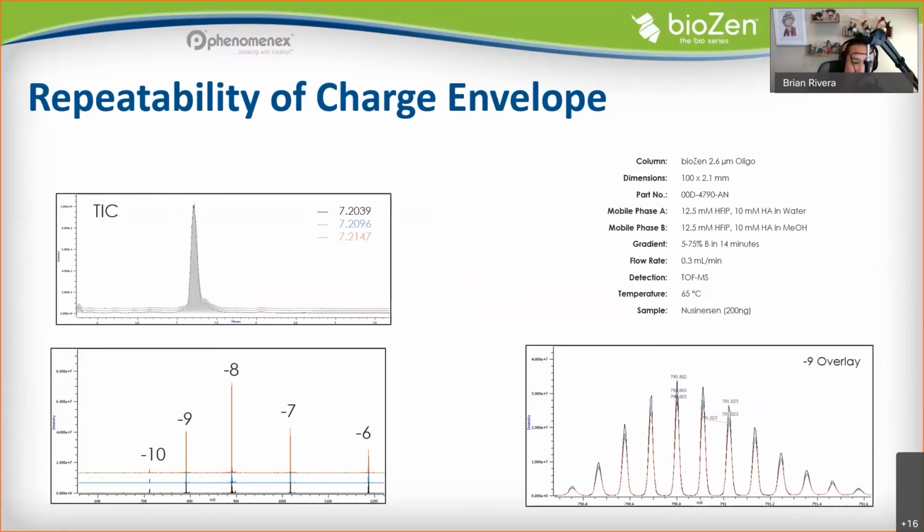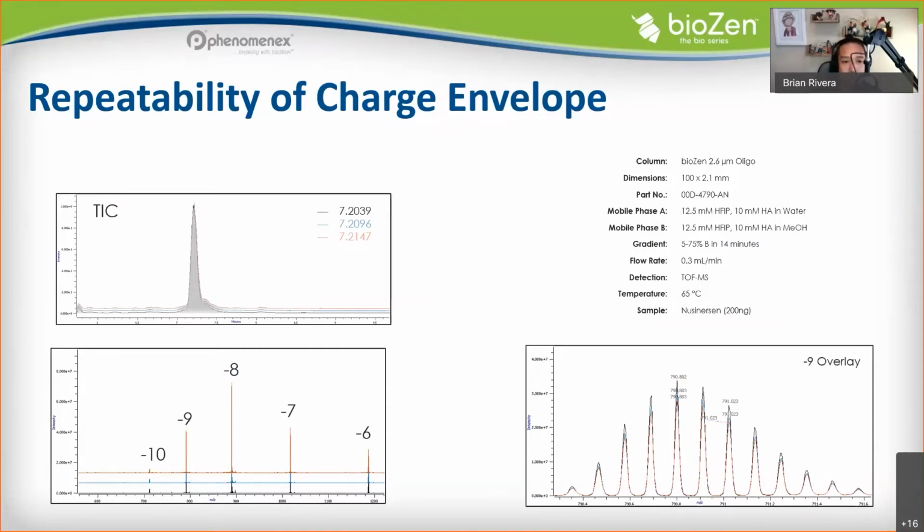It is interesting to note, though, if you zoom into, let's say, the -9 overlay here of the spectra, you can see a slight decrease in signal, but at least one can expect your intra-assay precision to be reasonably good.